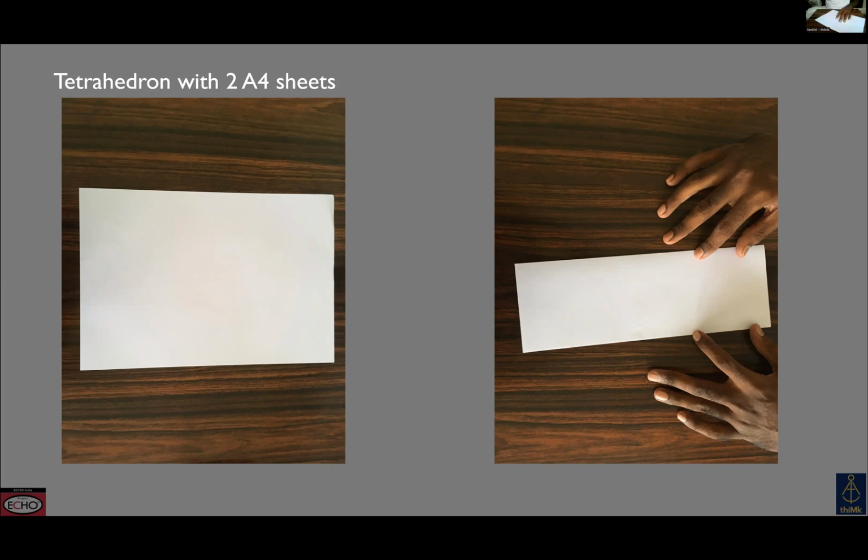And the next is I'm going to bring one of these edges and hold this one, and this edge should touch the middle line here. So that's on the next slide.